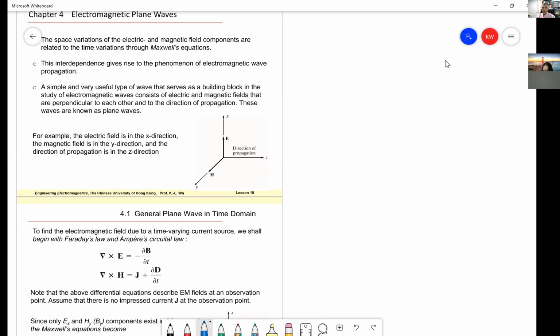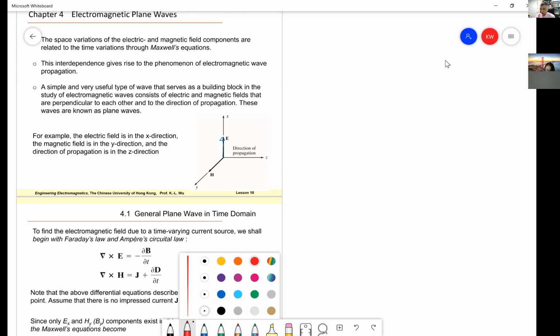We have the electrical field polarized in the x direction. Also, for now, we assume the magnetic field is polarized in the y direction.